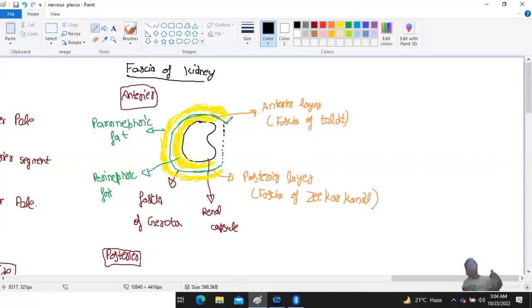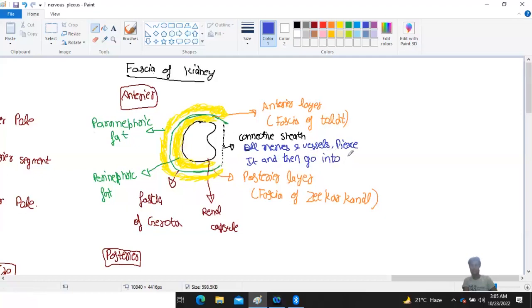All vessels and nerves pierce it and then go into the kidney. It is called the connective sheath. So this is the point.